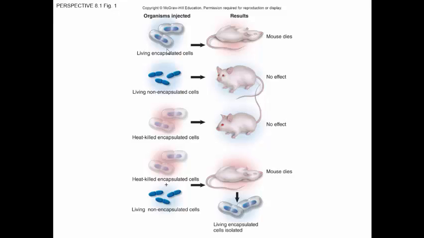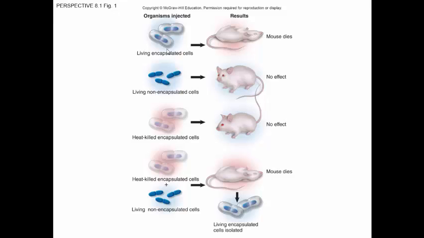Now, what you see here in the perspective is Griffith's work. And Griffith's work was the first demonstration of genetic transformation. What he did was he took organisms, he injected live encapsulated cells into mice, of this type of pneumonia.